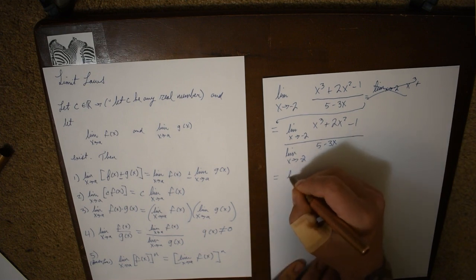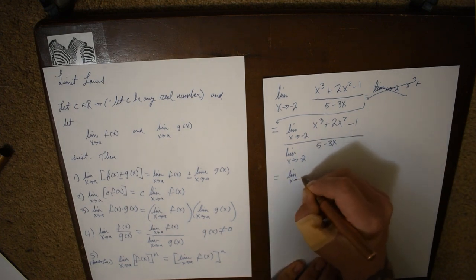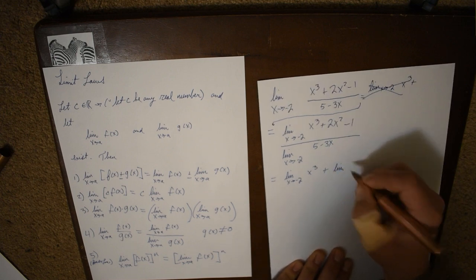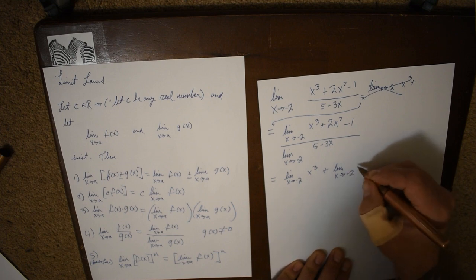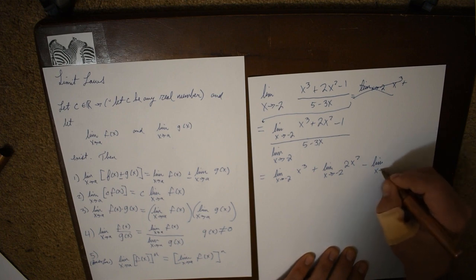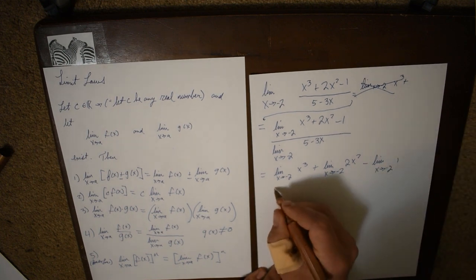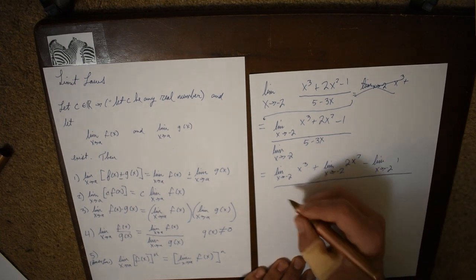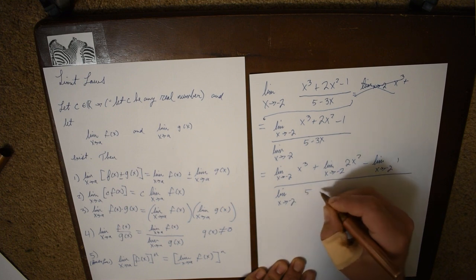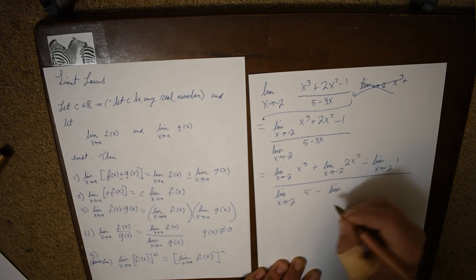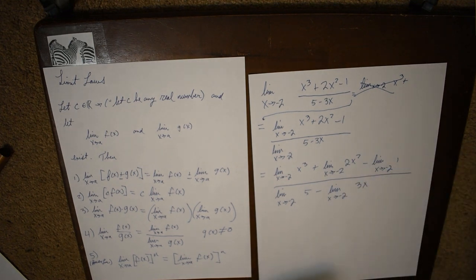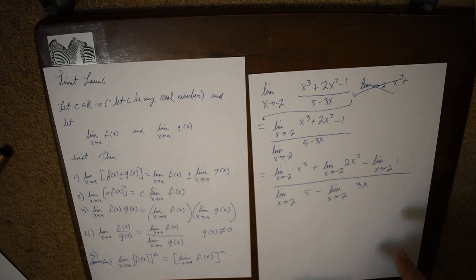We'll call this the limit as x approaches negative 2 of x cubed plus the limit as x approaches negative 2 of 2x squared minus the limit as x approaches negative 2 of 1, all divided by the limit as x approaches negative 2 of 5 minus the limit as x approaches negative 2 of 3x. I am now going to go through and apply all my limit laws.